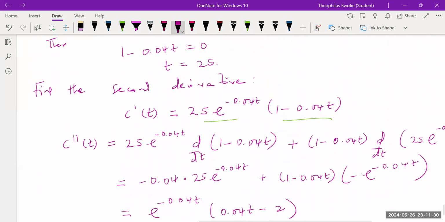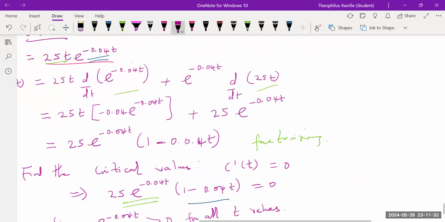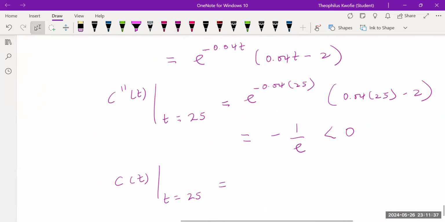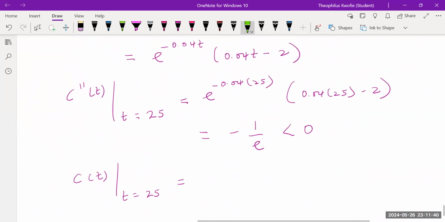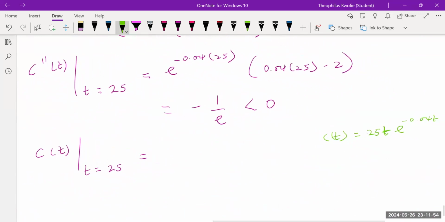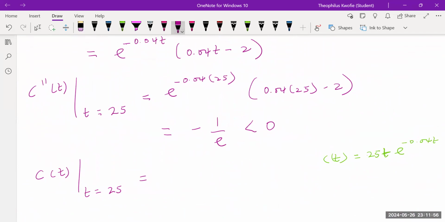And the main function was what? Let me write it down here. The main function that we're given per the question was c of t equal to 25t multiplying e to the power minus 0.4t. Now it just means wherever I see t, you just replace it by 25, okay?